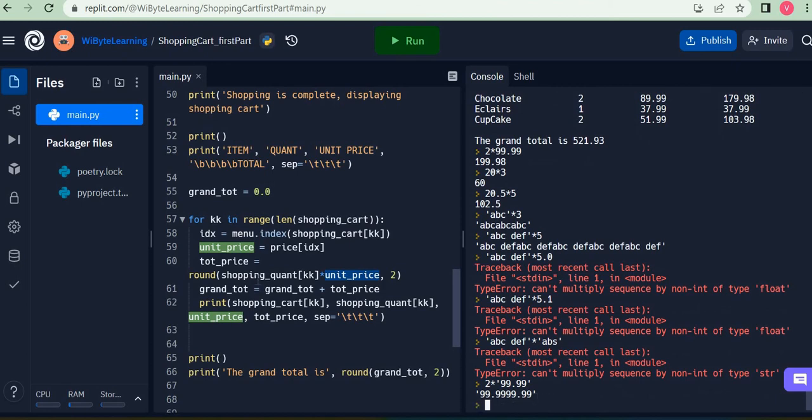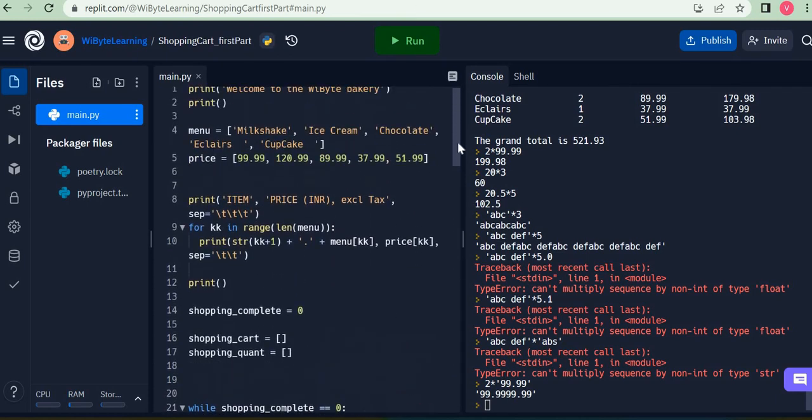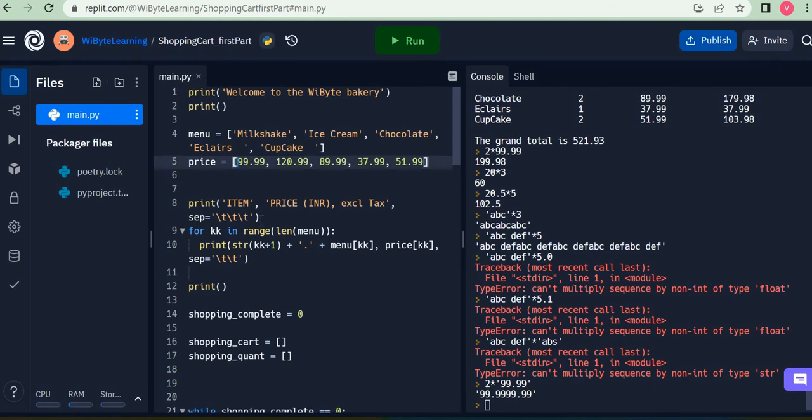And hence, when I try to, for example, round it and all that, I'm going to get into an error. So in short, if I had by mistake made my price list comprising strings, then I'm going to get into a lot of trouble when I do that multiplication, because I'm using the star operator, and that's going to cause me a lot of problems.